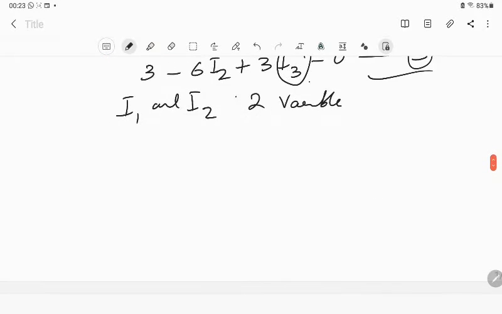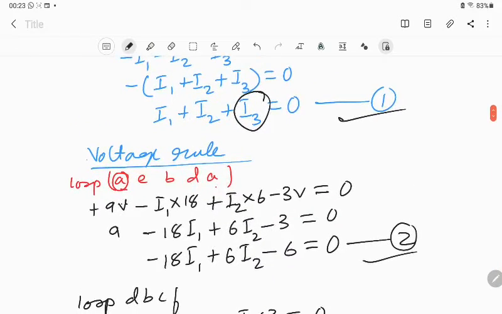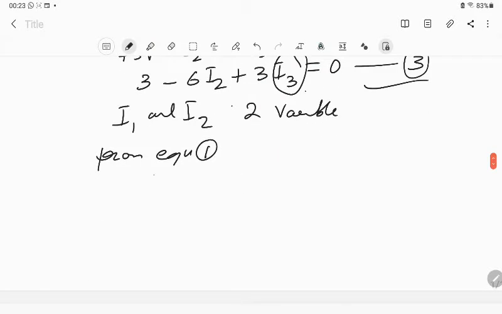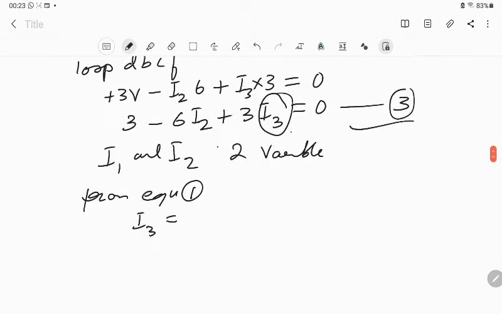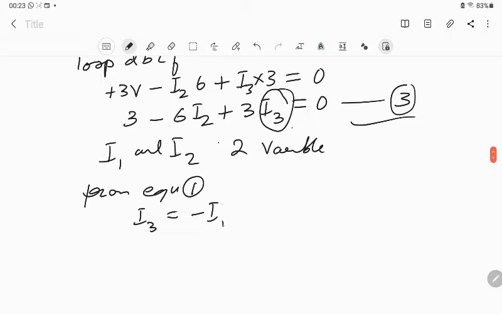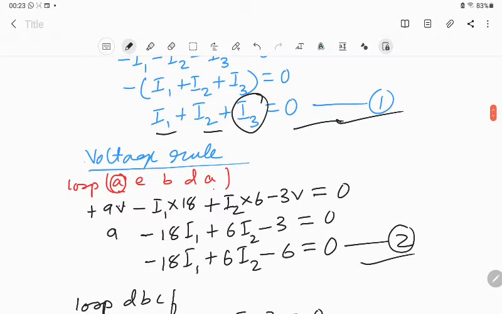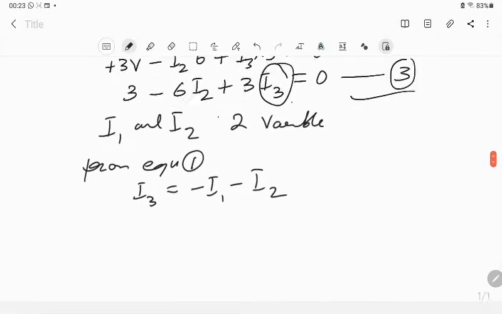From equation 1, I3 will be equal to, this I1 and I2 will go to this side, minus I1 minus I2, right? I3 equals minus I1 minus I2.